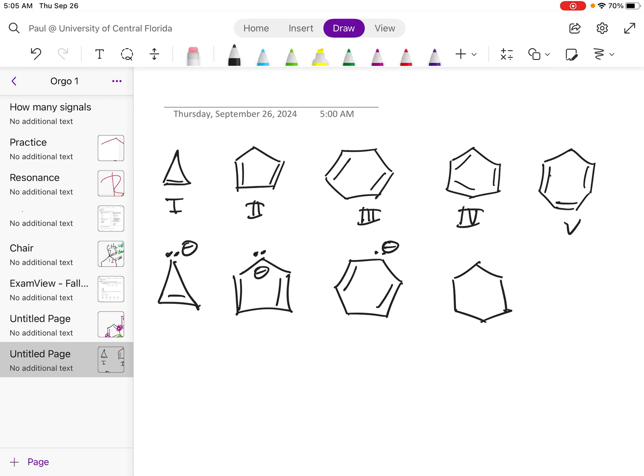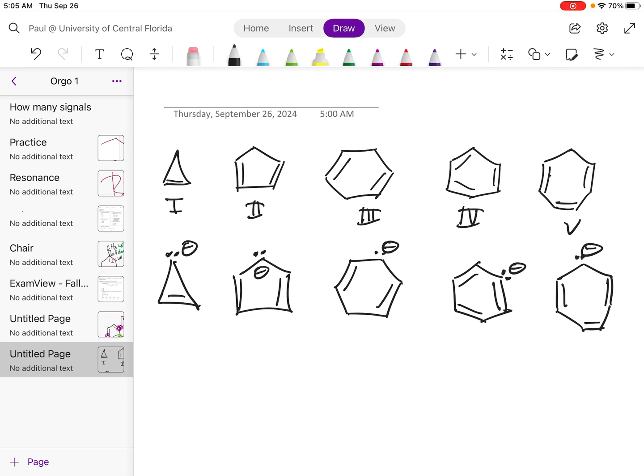Benzene. And then the 7-membered ring one. Didn't draw that very well, did I? Okay.